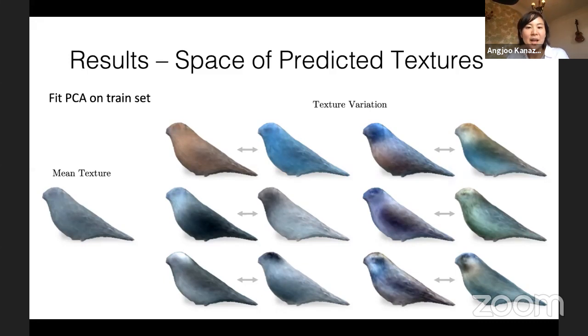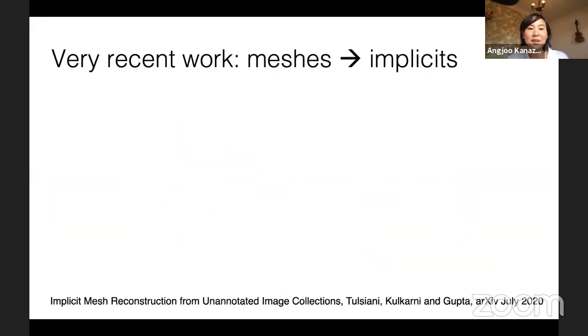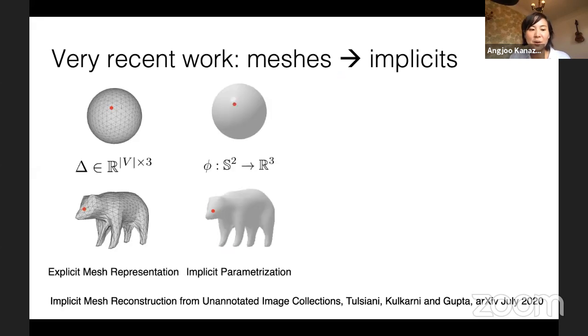Yeah. All right. I do want to mention that there's a very recent work that just came out on arXiv this past July. This approach takes these mesh representations to implicit functions. They're quite similar, especially if you're sticking to the sphere topology. Instead of having explicit vertices, you can have an implicit function that predicts where the points are for every single point on the sphere.